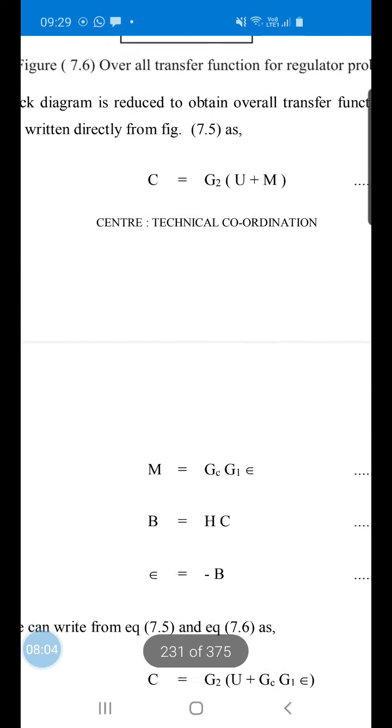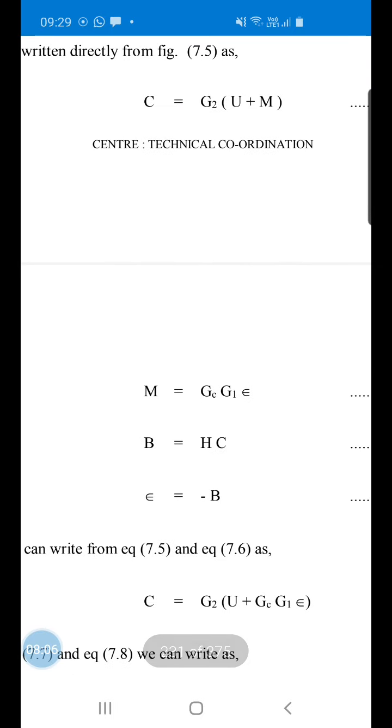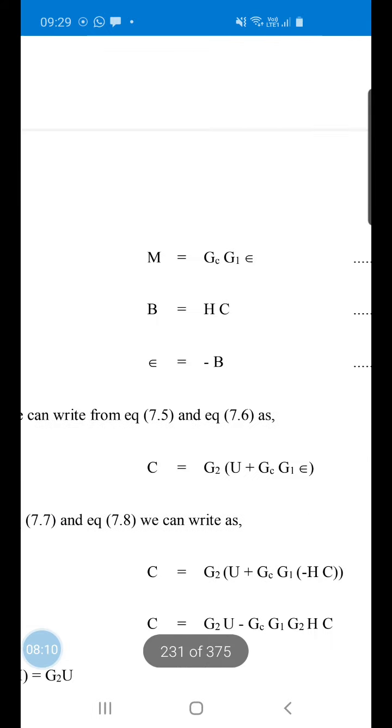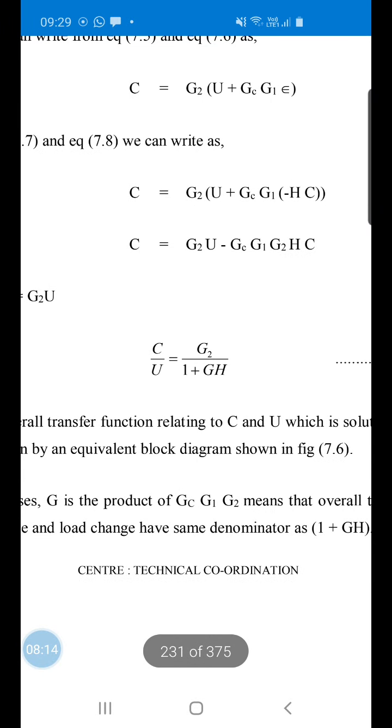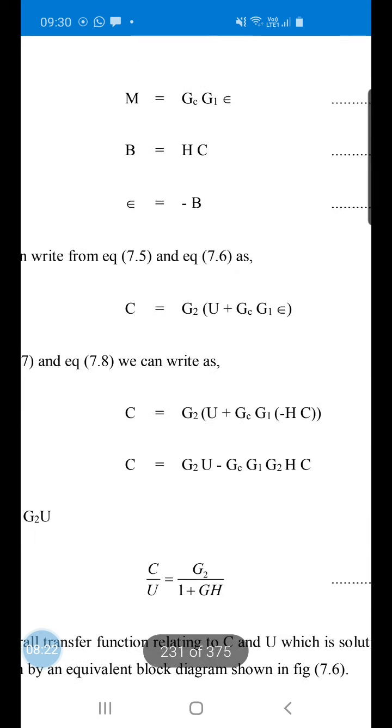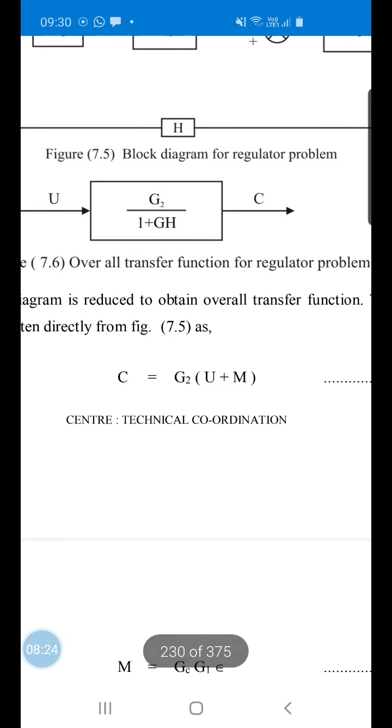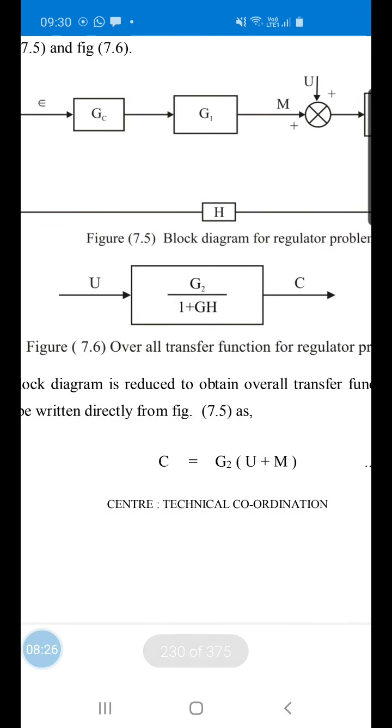You will find all these equations here. These four equations you can write like this. Then again combine all the equations. Finally you will get C by U, that is C of S upon U of S is equal to G2 upon 1 plus GH. So this will be nothing but the overall block diagram. C by U is equal to G2 upon 1 plus GH.